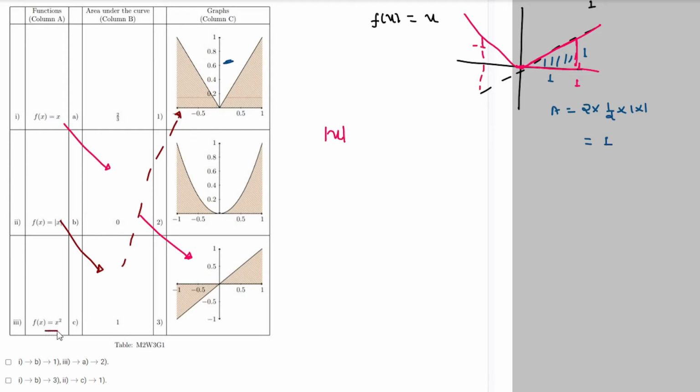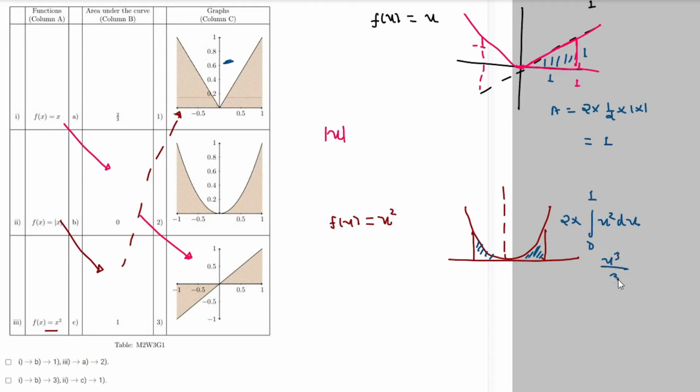So the remaining is f of x equal to x square. Its graph is like this one. It is symmetric about the y-axis and we can compute its area on either side of the y-axis and then multiply it by 2. So its area will be 2 times the integral from 0 to 1 of x square dx.